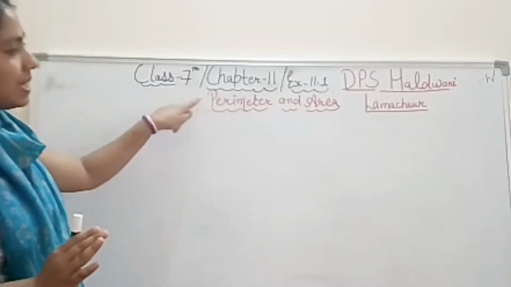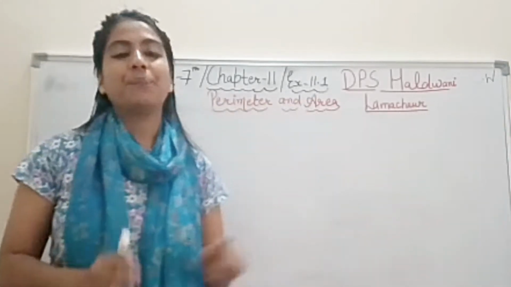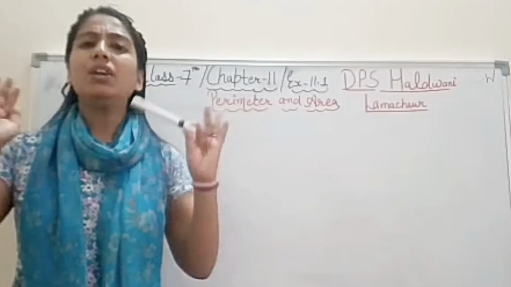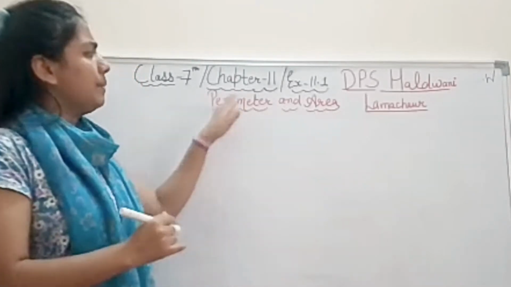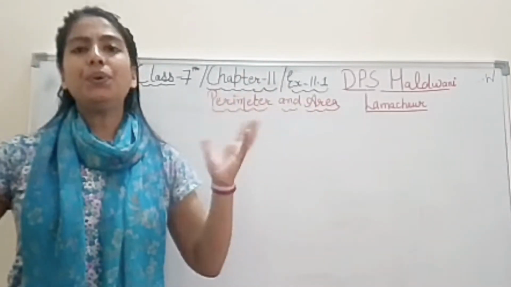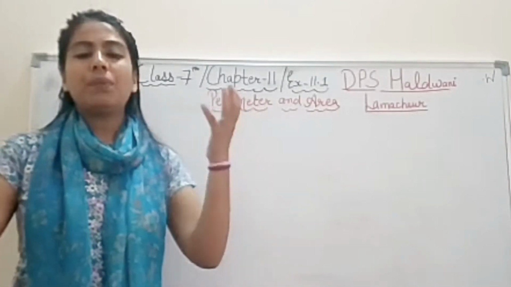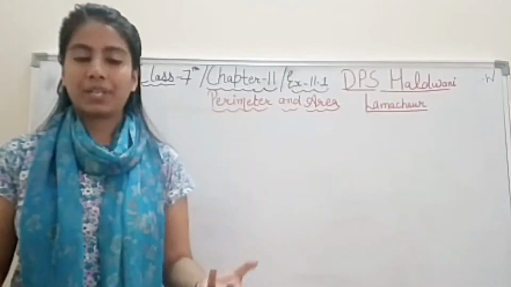As the name suggests, perimeter and area. Students have a lot of problems between perimeter and area. They don't know what exactly perimeter is and what exactly area is.